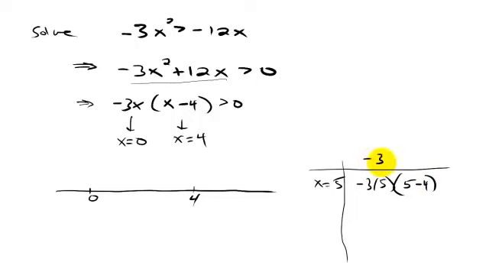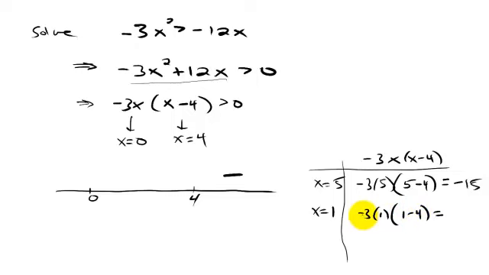Remember, it's negative 3x, x minus 4. Okay, so that's negative 15 times 1, negative 15. That's negative. Something between 0 and 4, try 1. That's negative 3 times 1, 1 minus 4. Negative 3, and that's a negative 3, so that's a positive 9, so that's positive.